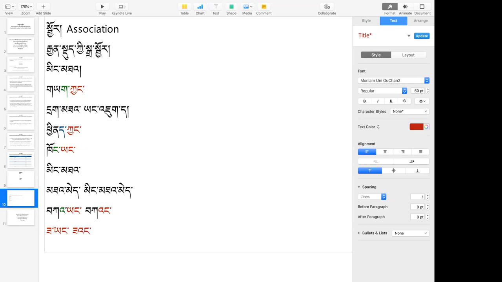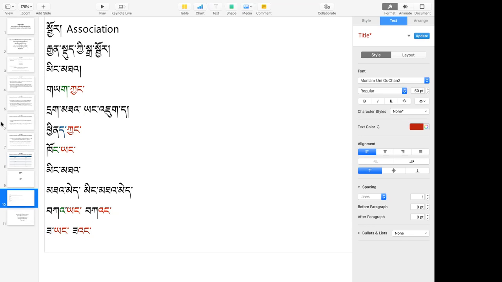So we see that since sa is tame, or without any suffix letter, it will be followed by hang or yang, and the rules are the same, depending on whether there is the punctuation or not.